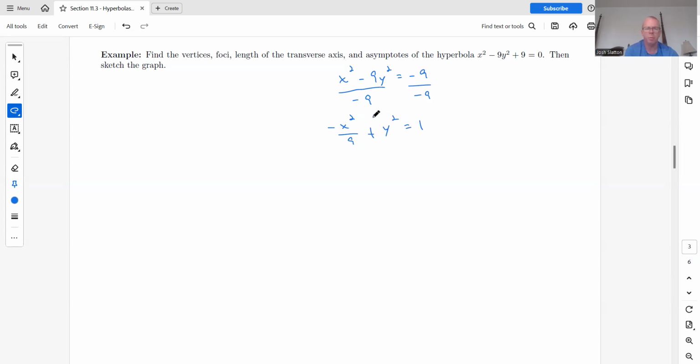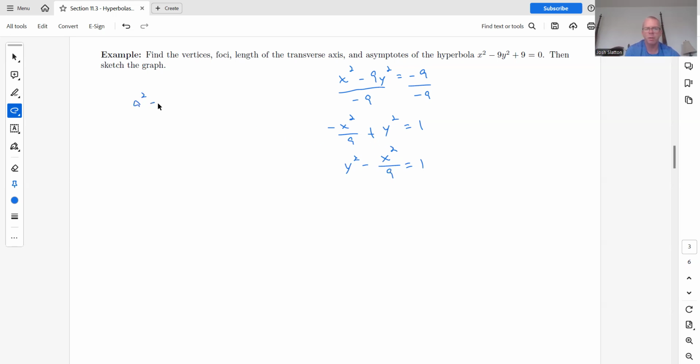Let's switch these two terms because I think it's easier if you always write these the same way: the positive term minus the other term equals 1. So now we know this is going to open up vertically, and our a squared is 1, our b squared is 9.